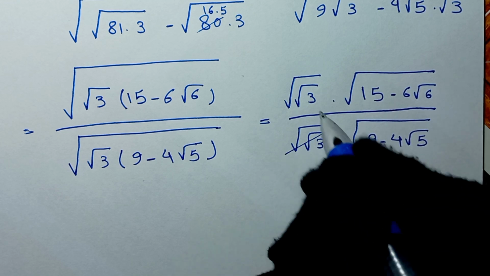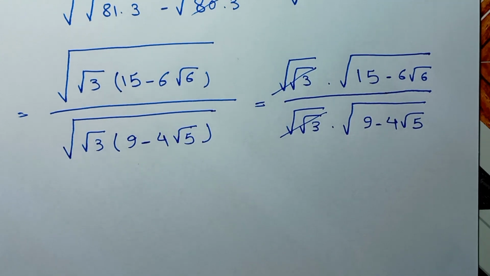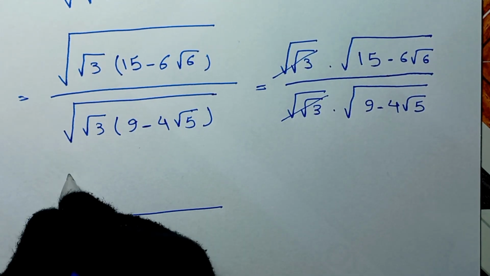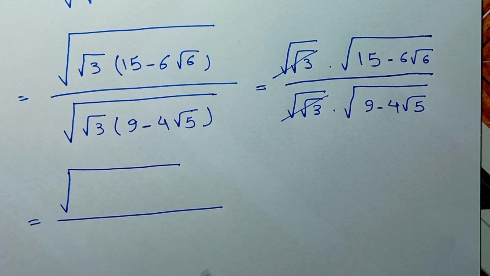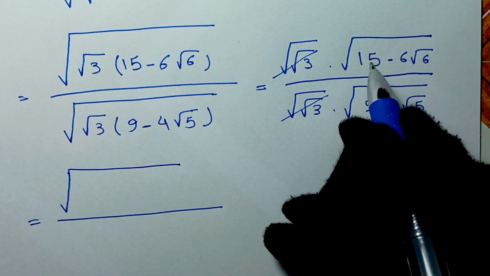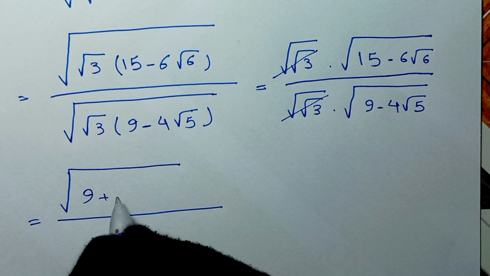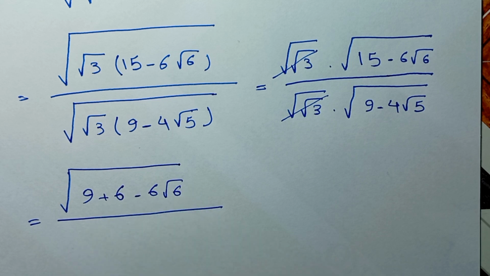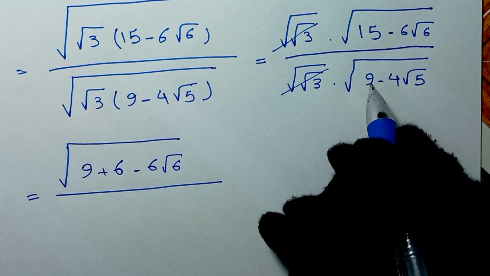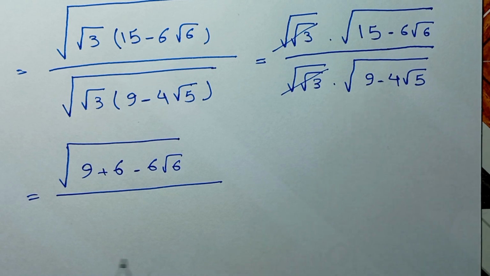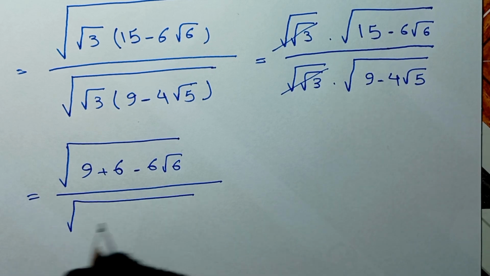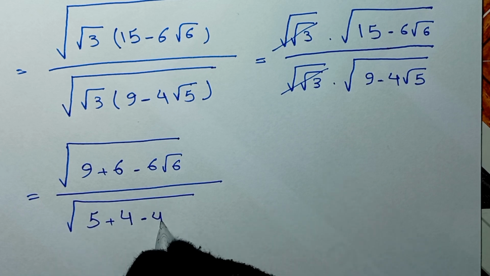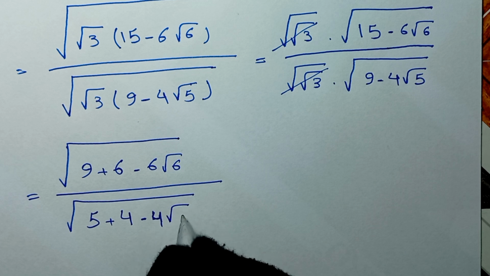And in here, this will cancel this, and it will be, for numerator, we have 15, and we can write 15 as 9 plus 6, and minus 6 square root of 6. And for denominator, we have 9, and we can write this 9 as 5 plus 4, and minus 4 square root of 5.